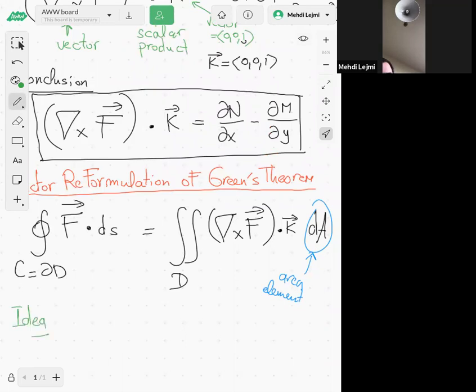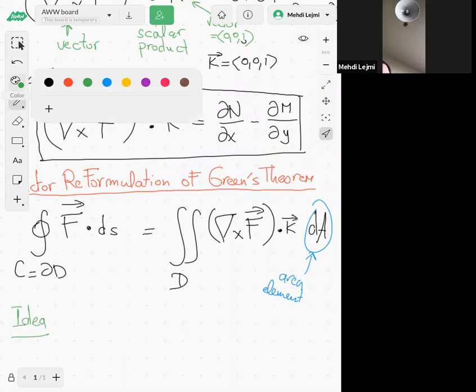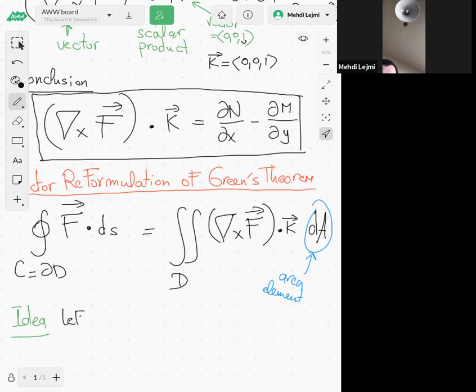And the right side, this curl of F, measures the twisting or the rotation of your vector field.